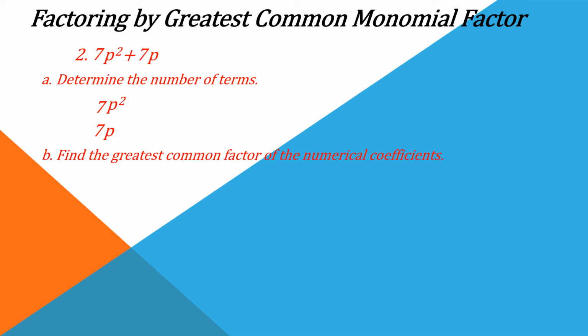So the greatest common factor of the numerical coefficient is 7. One multiplied by 7 for 7p squared, and for 7p, it is equal to 1 multiplied by 7.